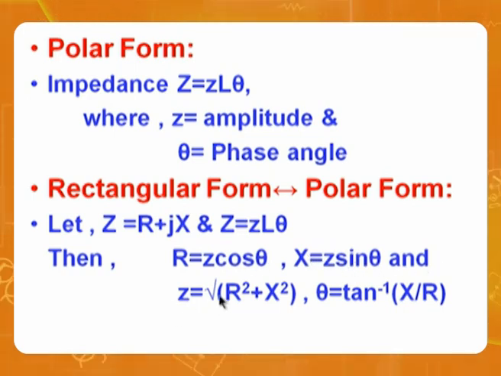The small z is root of x square plus y square. Theta is tan inverse of x by r. Tan inverse of imaginary term by real term you have to take. For any angle, tan is opposite by adjacent. That conversion you can take.